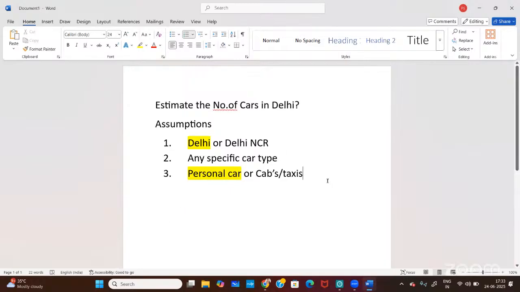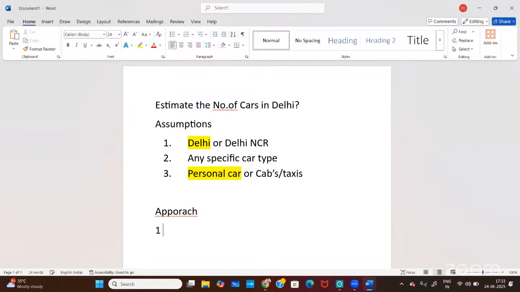So how do we approach this? As I said, we'll take the assumption of Delhi.